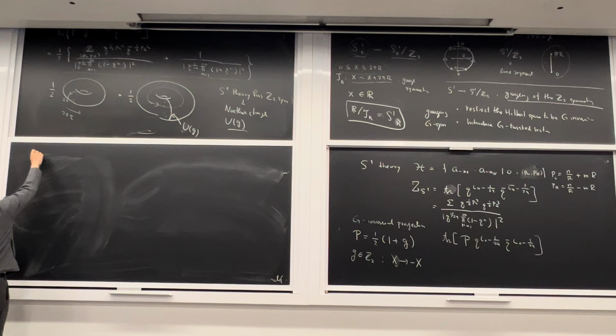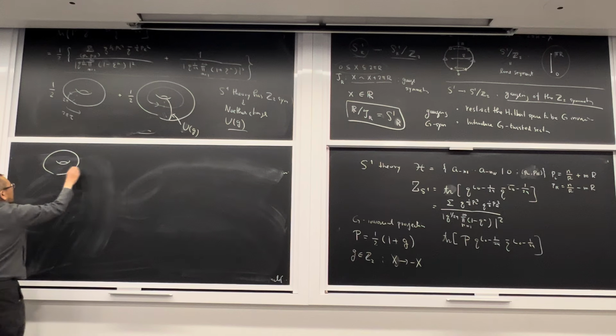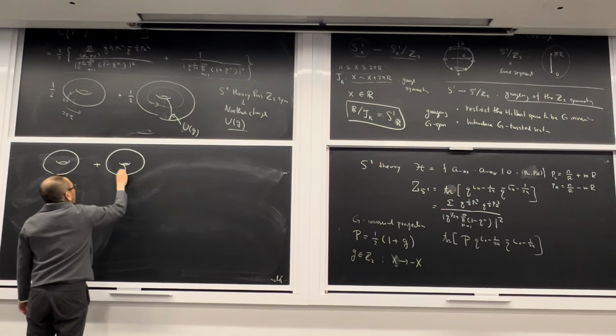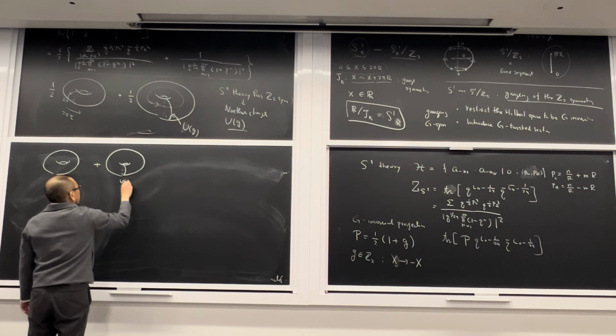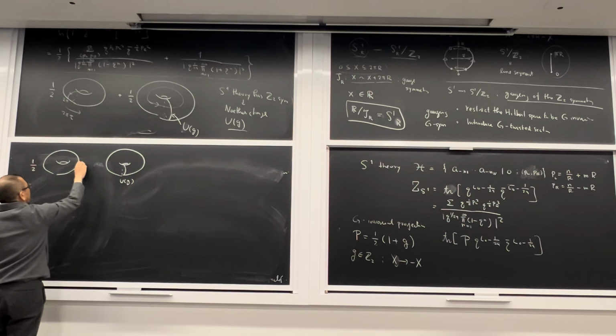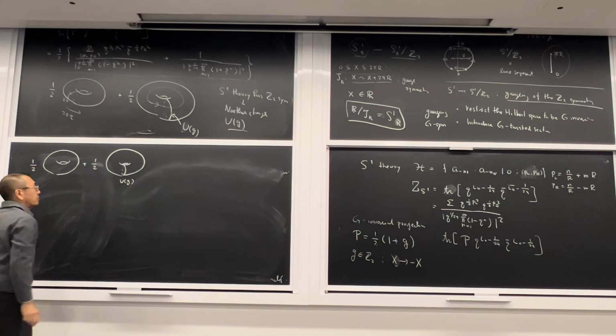So if you draw a torus like this, then the first two terms would correspond to summing over these two terms, where you have this U of G symmetry operator inserted, and they are added with 1/2.